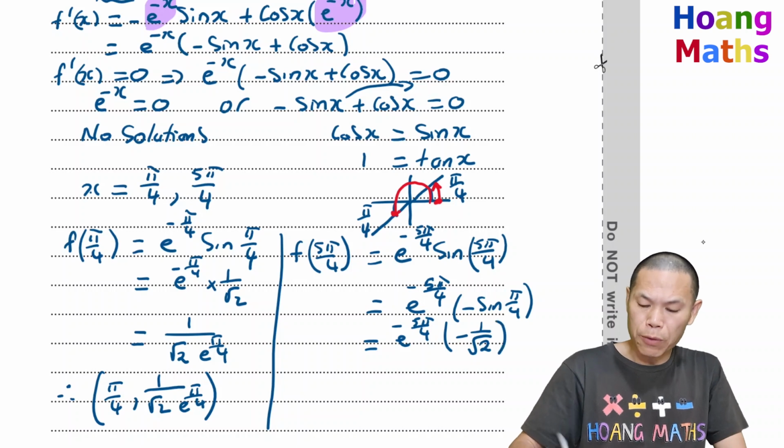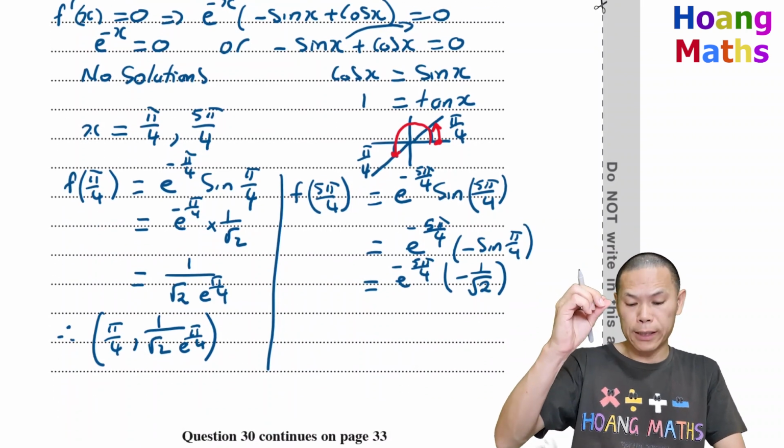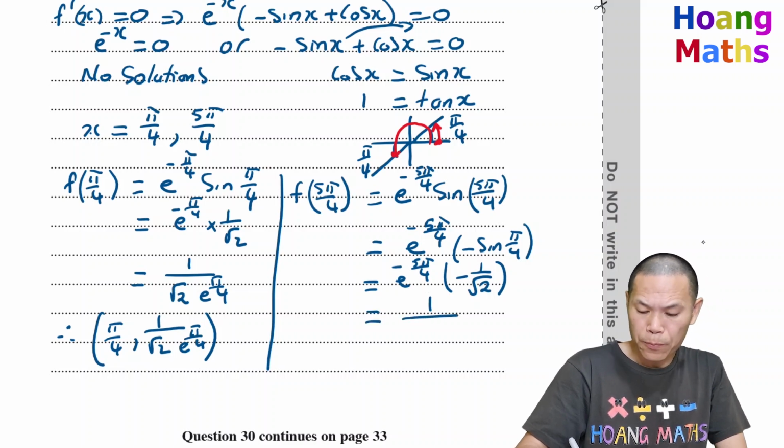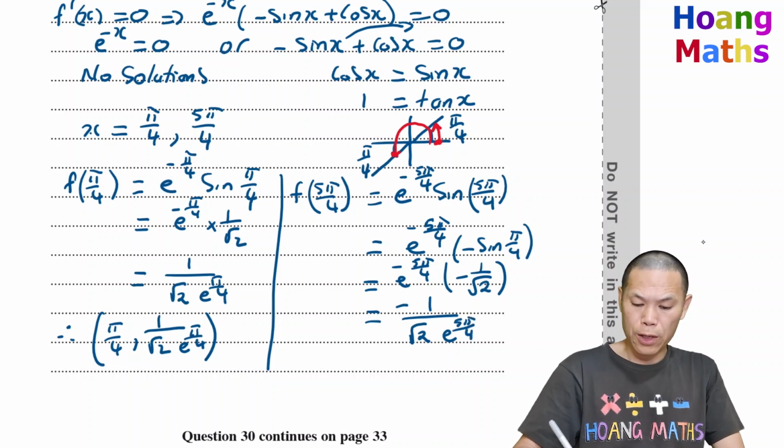So now I just simplify this. Again, I bring this negative index down, and it becomes positive. So that will give me negative 1 over root 2 e to the 5 pi over 4, by the way.